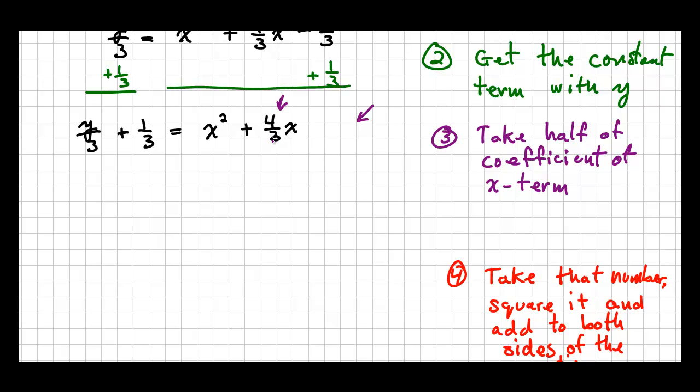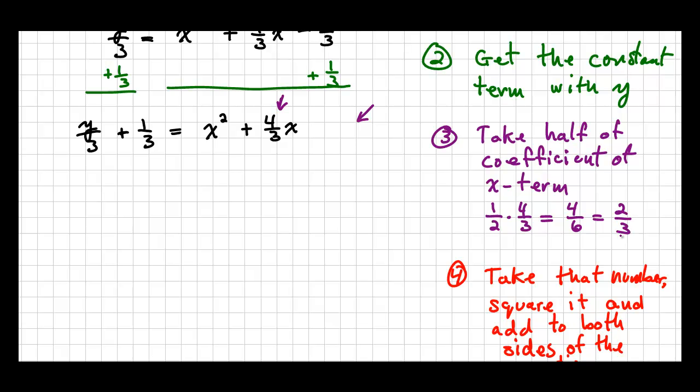So in order to do that, we're going to have to take half of this 4/3. I'm doing that over here. Half times 4/3 is going to be 4/6, which reduces to 2/3.